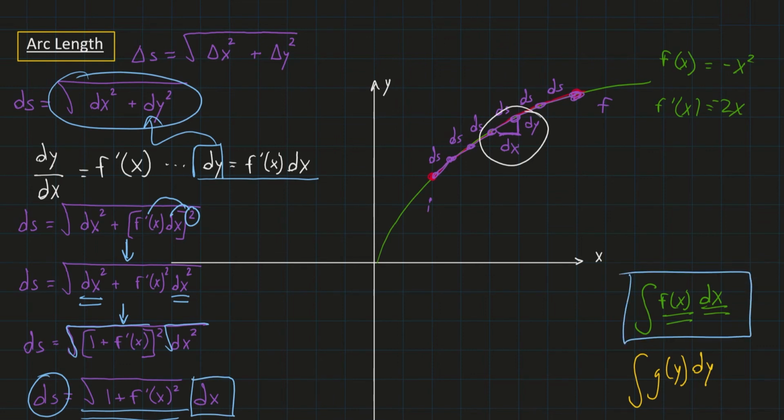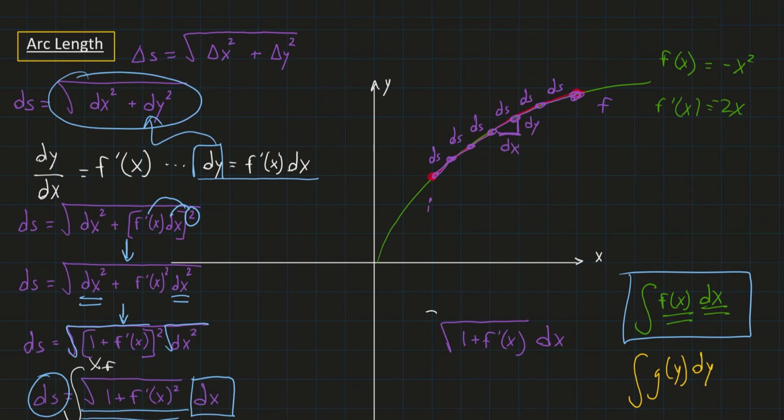So now if I wanted to, I could add up all of these little distances, ds, starting from some x initial ending at some x final. There we go. So let's just say we were applying it to the graph that we see in front of us, the negative x squared. Let's just pretend it was negative x squared. I know it doesn't look like it.